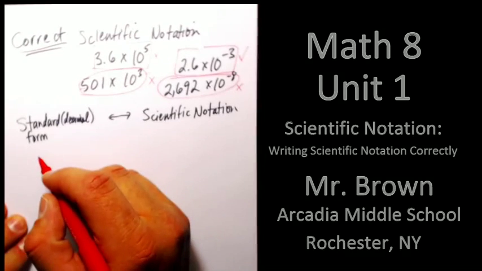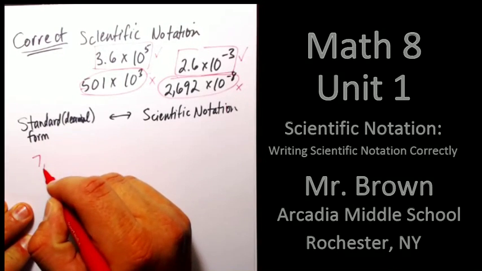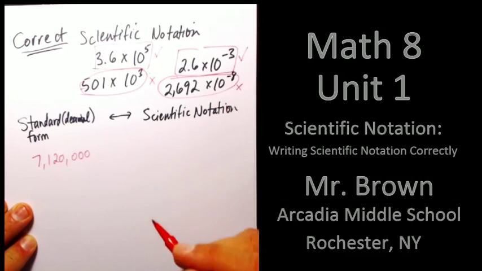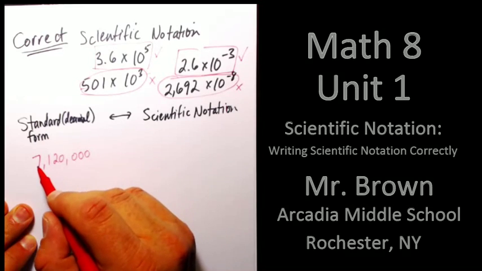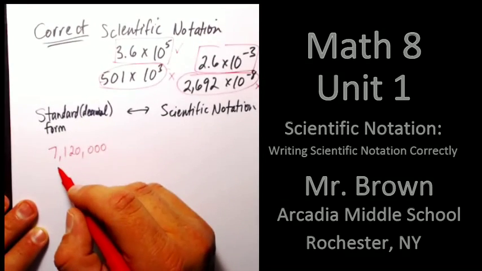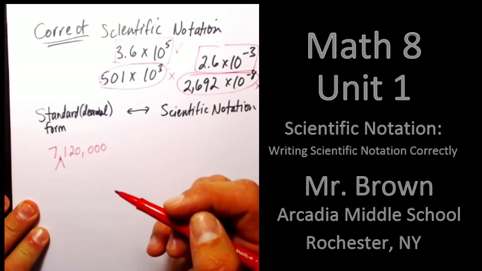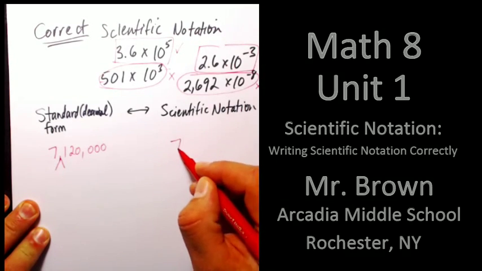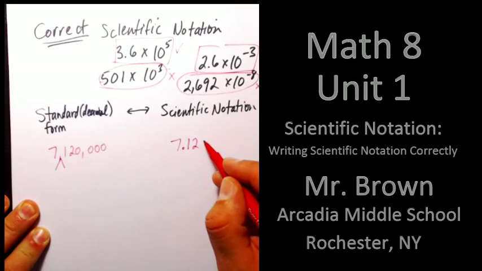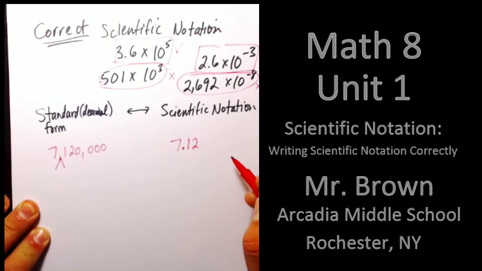That's what we have to talk about over the course of the beginning of this unit. So standard decimal form: if I have something like 7,120,000, what I have to do is place the decimal between the first and second significant digit. So in this case, I'd put the decimal right here. So scientific notation would be 7.12. You don't have to have the rest of the zeros.